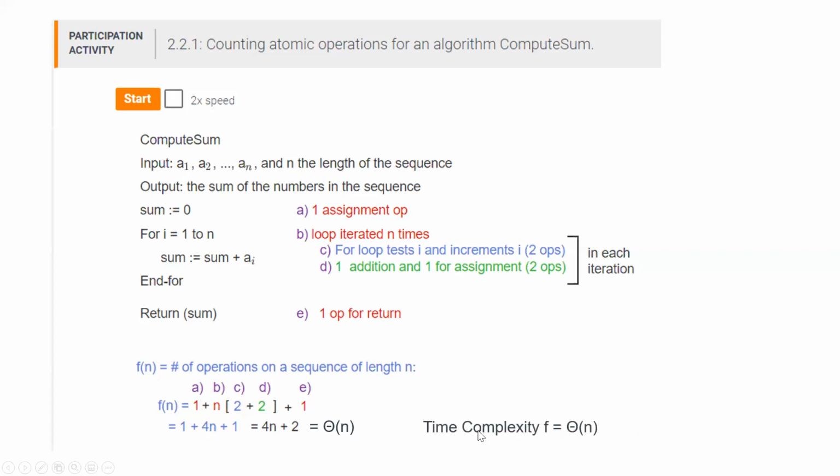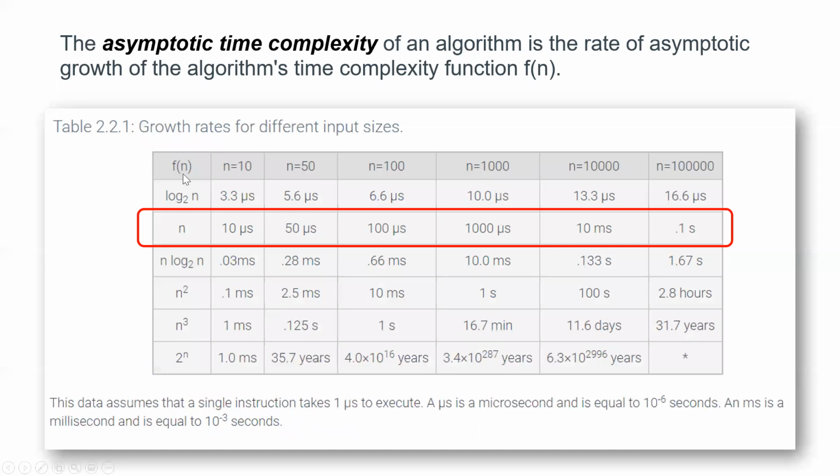So we'd say the time complexity f is theta of n. Now they show this little chart here, and they say, if we assume one little instruction takes 1 microsecond to execute, and it's different on any computer, but they're just trying to come up with a standard.